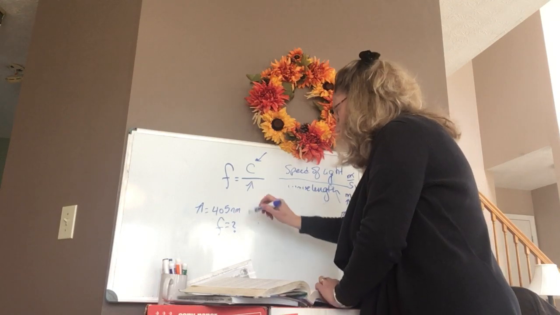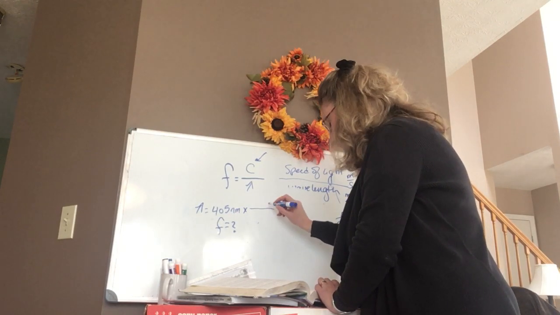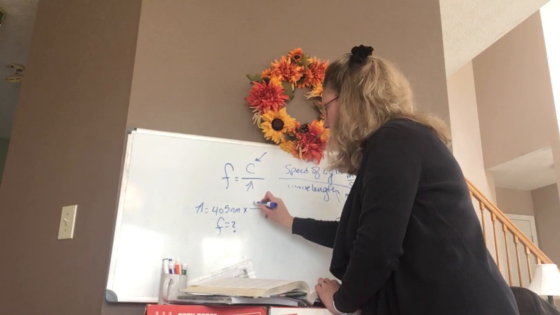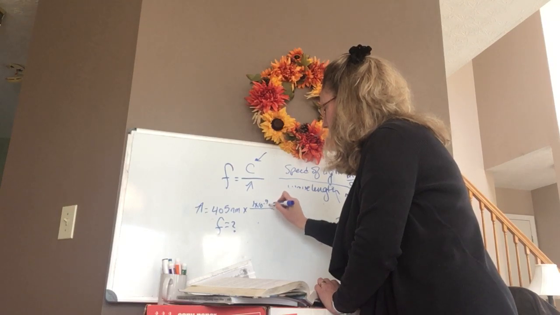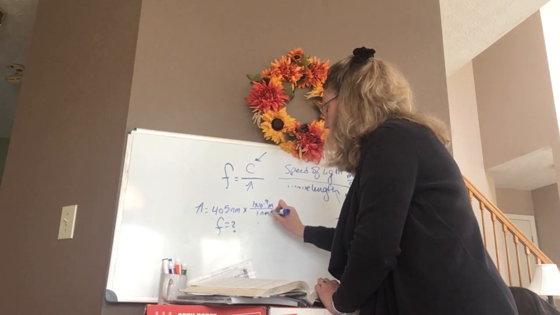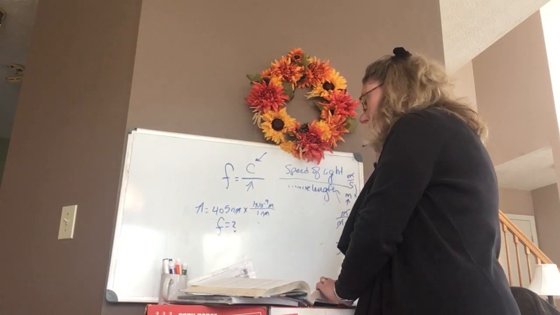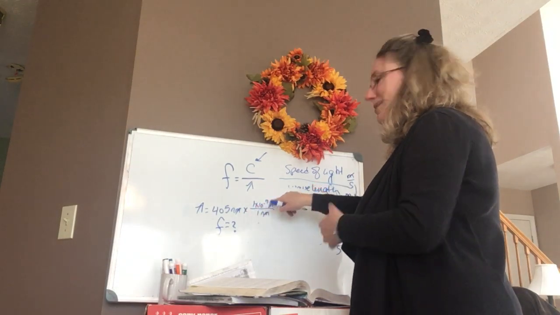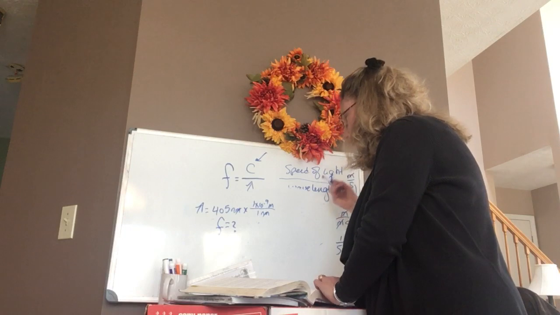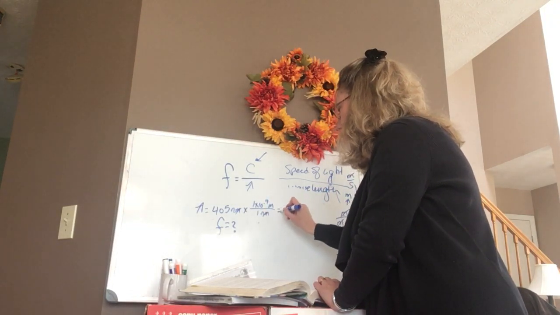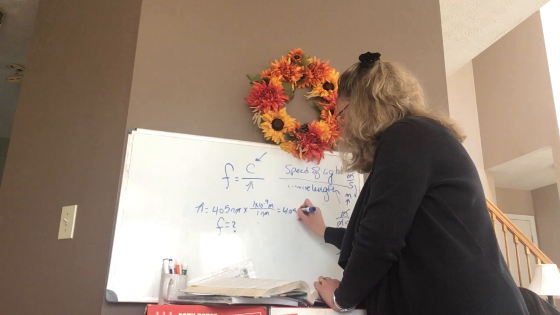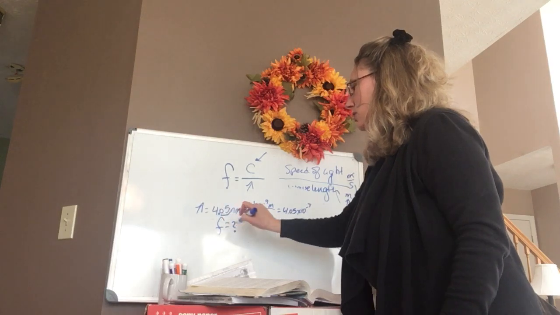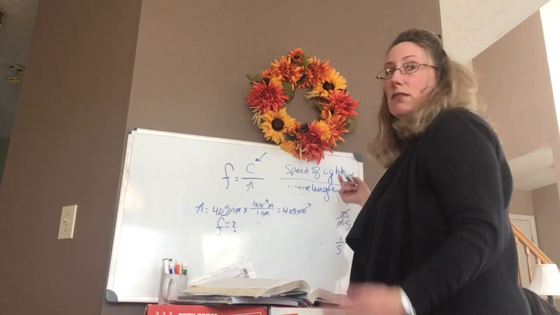So how I get that into meters is I'm going to multiply by 1 times 10 to the negative 9th meters over 1 nanometer. So my nanometers cancel out. So hopefully you can do that in your calculator. You're going to multiply it by 1 times 10 to the negative 9th. And really all you're doing is you're moving it over. So you're going to get 4.05 times 10 to the negative 7th. If you can't do the conversion, just move your decimal place there and change it from a 9 to a 7.